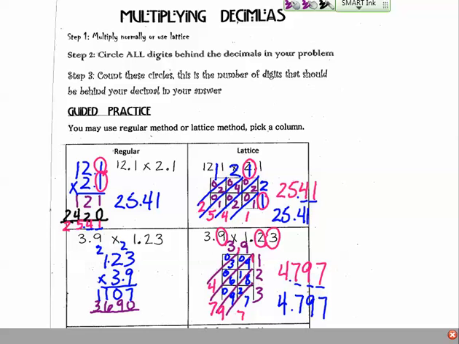And then we add 7, 9, 7, 4. Circle what's behind the decimal. The 9 is, the 2 is, the 3 is. 3 circles means 3 digits. So I count 1, 2, 3, decimal point. 4.797. You still get the same answer. It just doesn't matter which way you do it.